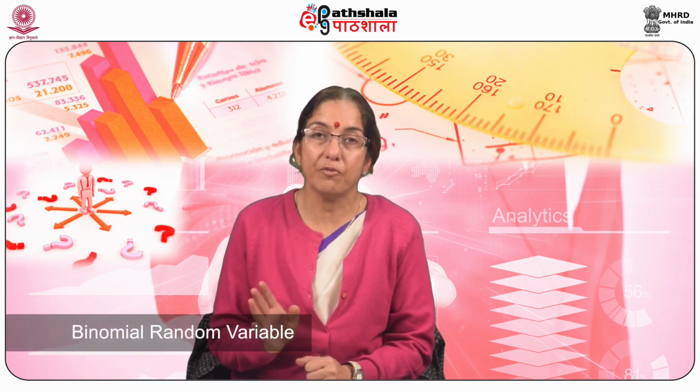The binomial probability distribution and binomial formula. The random variable x that represents the number of successes in n trials for a binomial experiment is called a binomial random variable. The probability distribution of x in such experiments is called binomial probability distribution or simply binomial distribution.